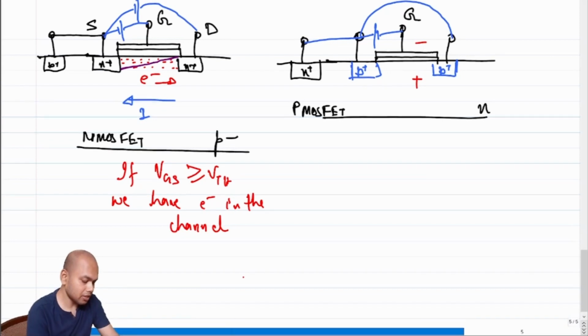Because the body of the PMOS becomes higher potential than the gate, the electric field will go from the body to the gate, right? So the electric field will go this way.